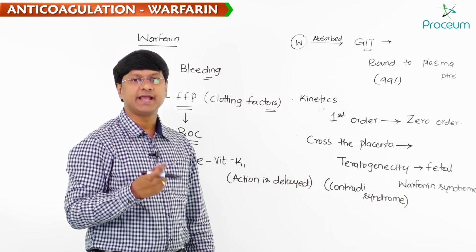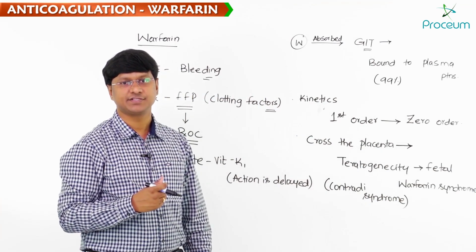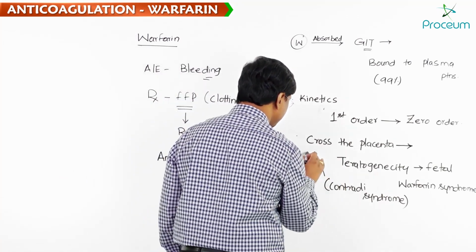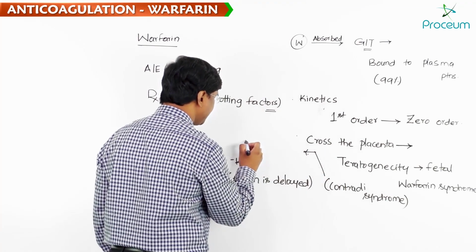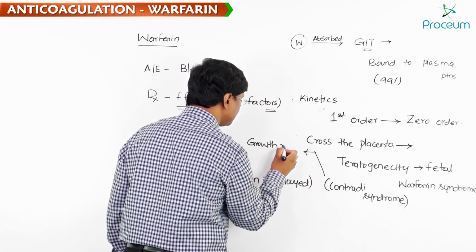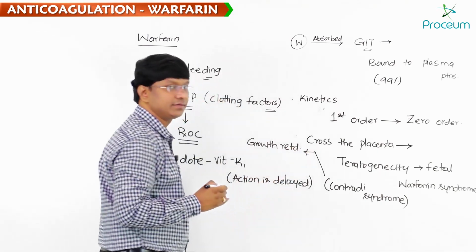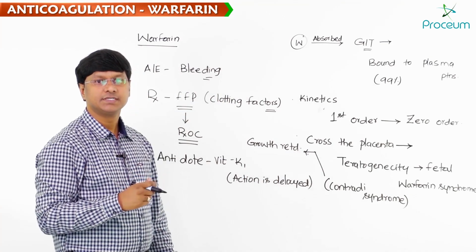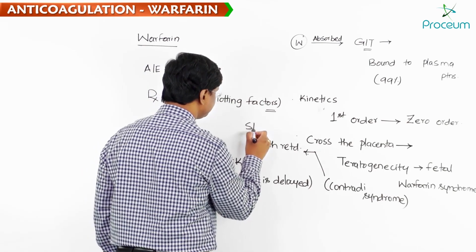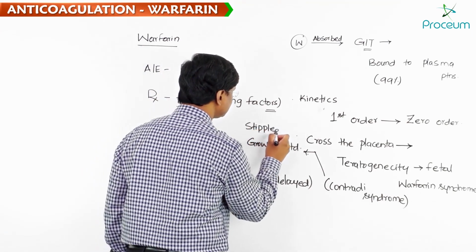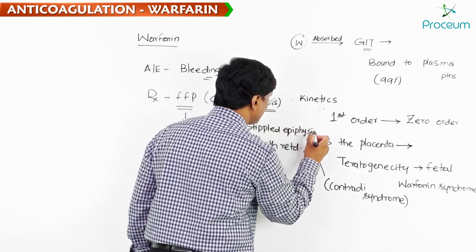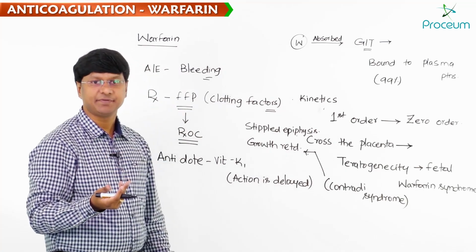What will be the manifestations of this fetal warfarin syndrome? Number 1, growth retardation. Number 2, stippled epiphysis.